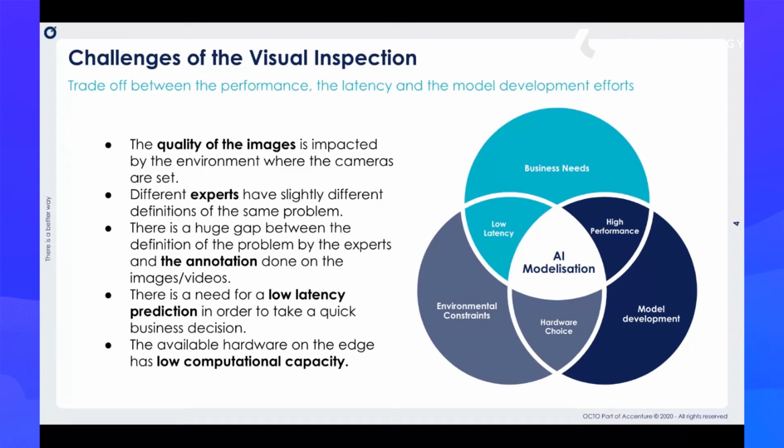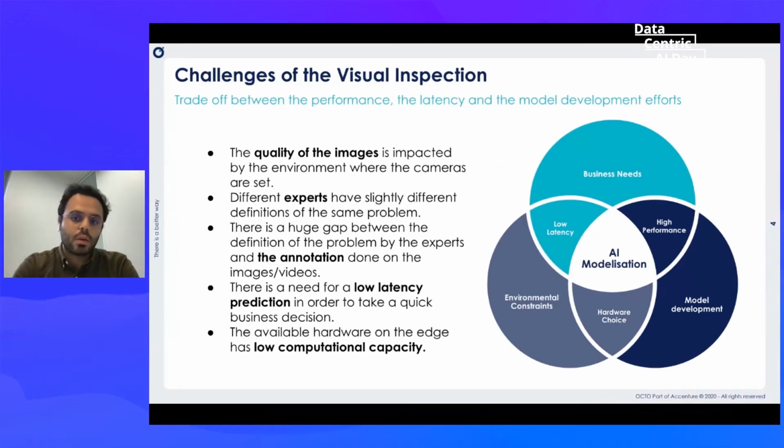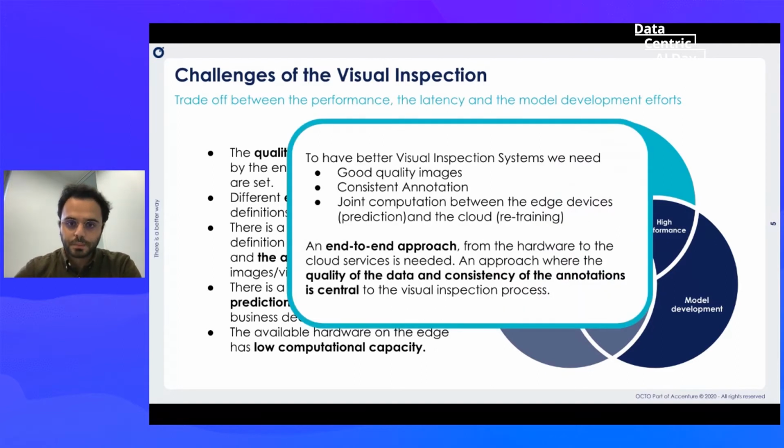So you have to find a trade-off between the performance, the latency, and the model development efforts. So to have a better visual inspection system, we need good quality of images, consistent annotation, and joint computation between the edge device and the cloud.